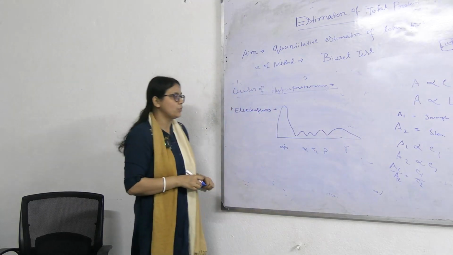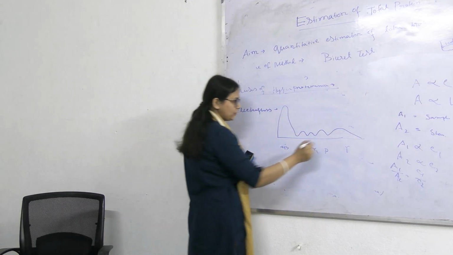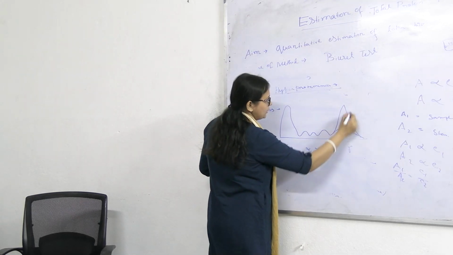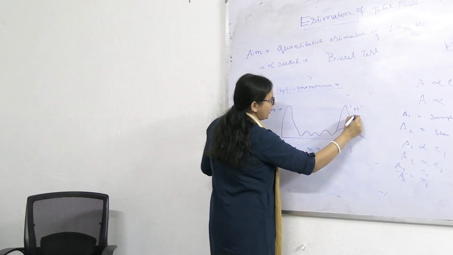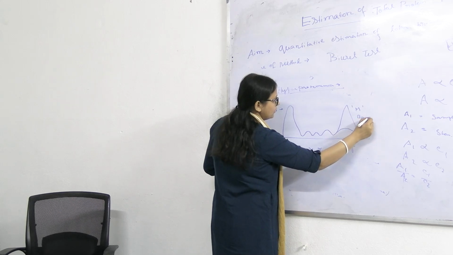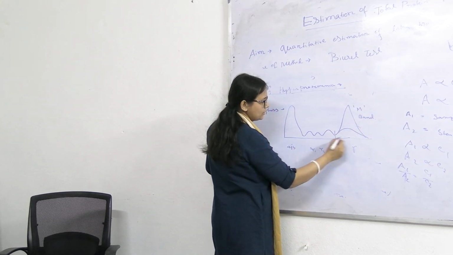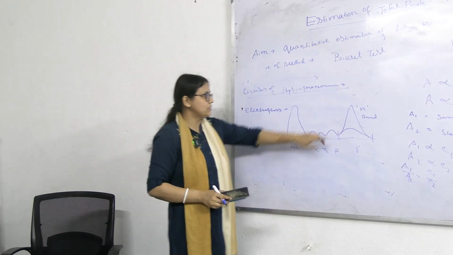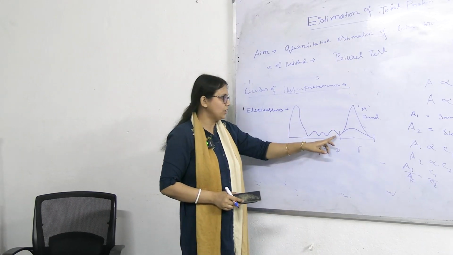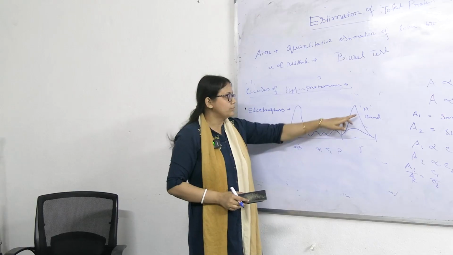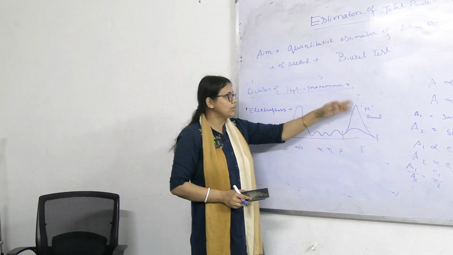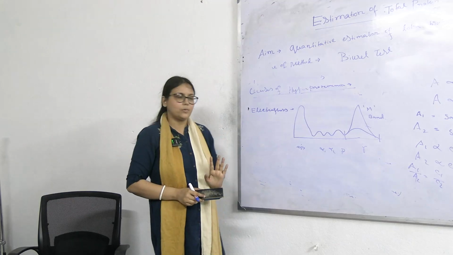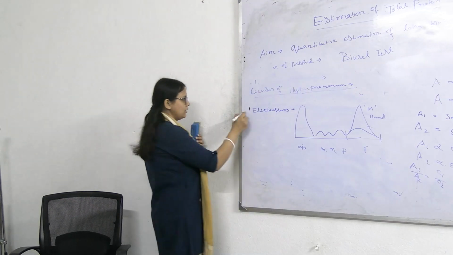In case of multiple myeloma, we can see a spike, called the M band or M spike, in the gamma region. This is called the M band. Normally gamma is very low, but when there is an M band, it gives a spike. This pattern is seen in multiple myeloma. This is the number one identification point.